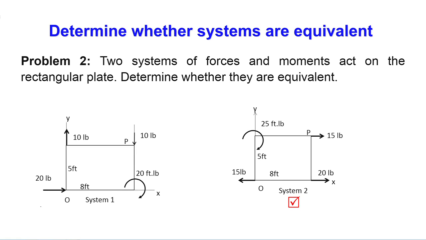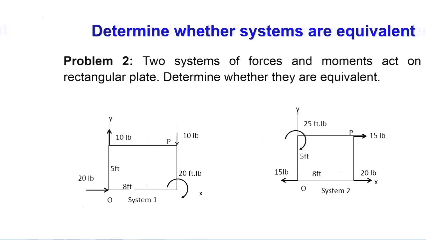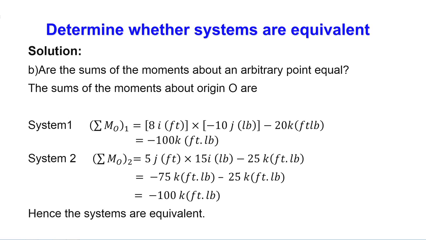Let us see the figure. All the calculation for system 1 comes to 100 foot-pound k, that is the moment direction is in the z direction, and the second case also minus 100.